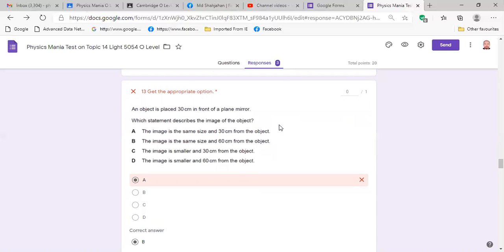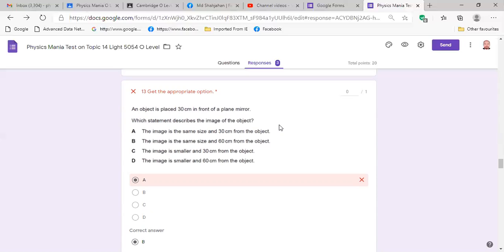This one is saying the distance between, you see, the image size and 30 centimeter from the object. The image is the same size. So we have the properties. The image size should be same. That part you're correct.